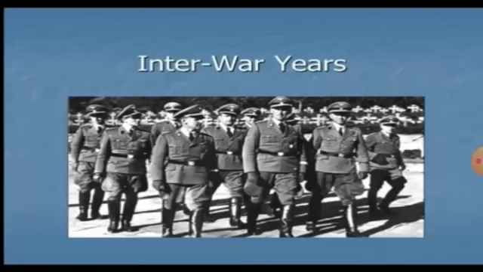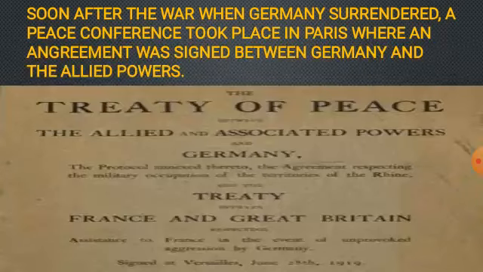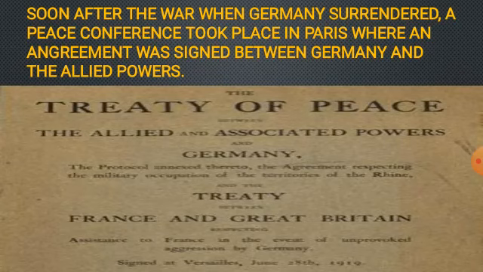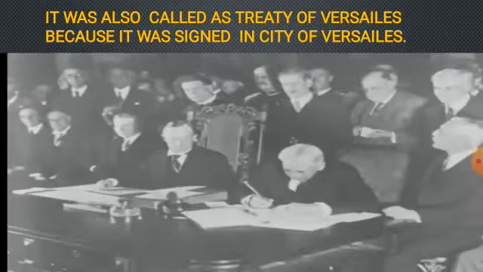Interwar years. As you know, the First World War started in 1914 and lasted up to 1918. Soon after the war, when Germany surrendered, a peace conference took place in Paris, where an agreement was signed between Germany and the Allied powers.